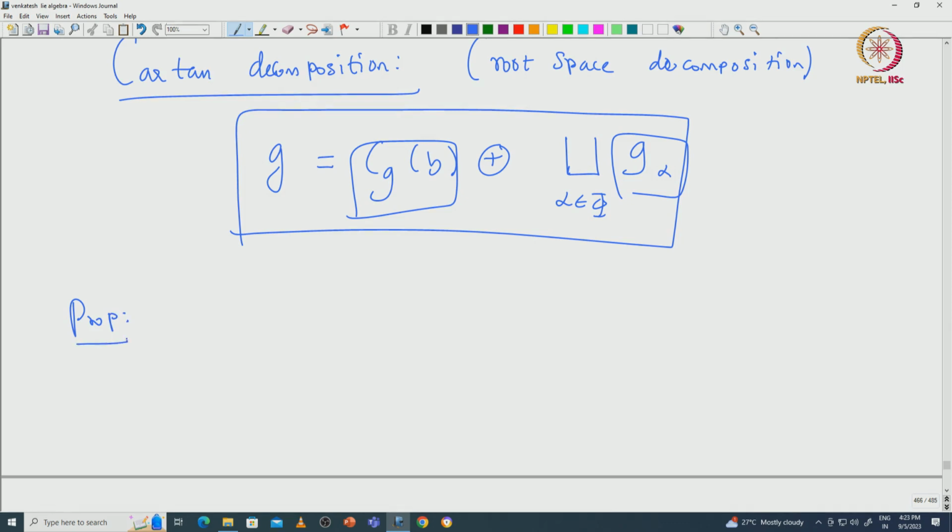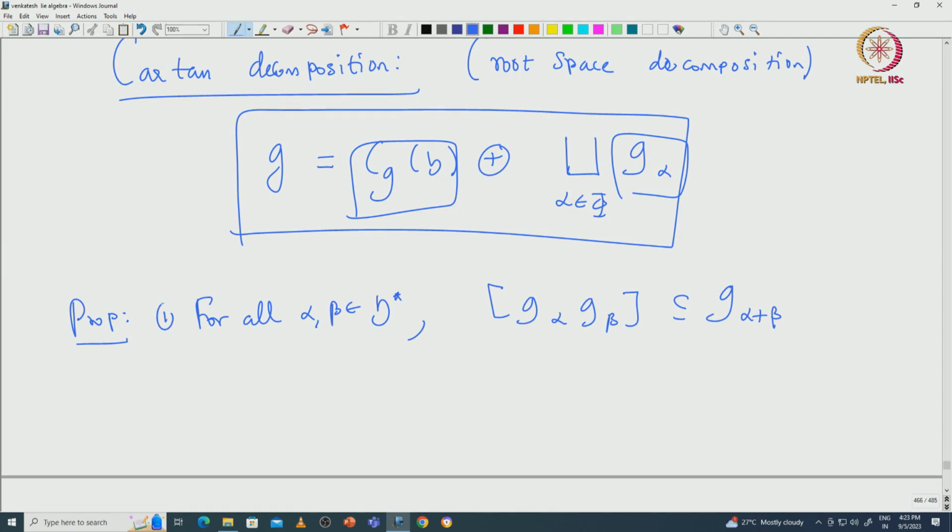If we take G alpha and G beta and then take the Lie bracket between them, that bracket must lie inside G of alpha plus beta, for all alpha, beta in H star. Even including 0, if we take G alpha, G beta, the bracket must lie inside G of alpha plus beta.